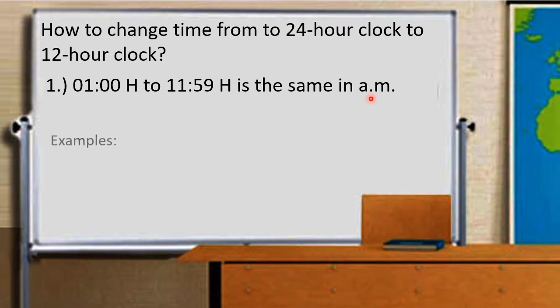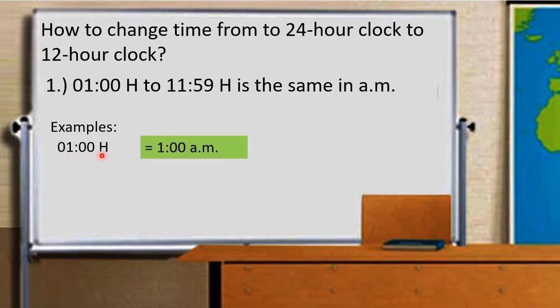So, tignan natin. Let's have our examples. We have 0100 hours. Equivalent niya sa 12-hour clock time is 1 AM. So, tinanggal lang natin yung 0 sa unahan and then kinopya lang natin. We change H into AM.